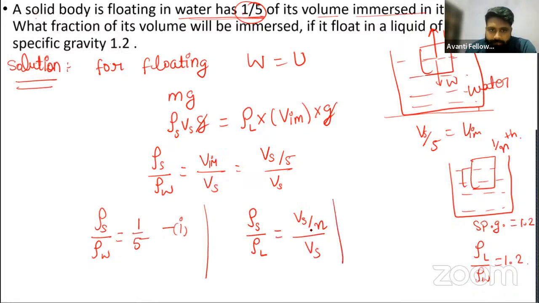Now, again, this Vs will cancel out. Rho of solid divided by rho of liquid is equals to 1 by n. Now, rho of liquid, you can replace it by 1.2 into rho of water. I will do it in the next page. Rho of solid divided by rho of liquid is equals to 1 by n.